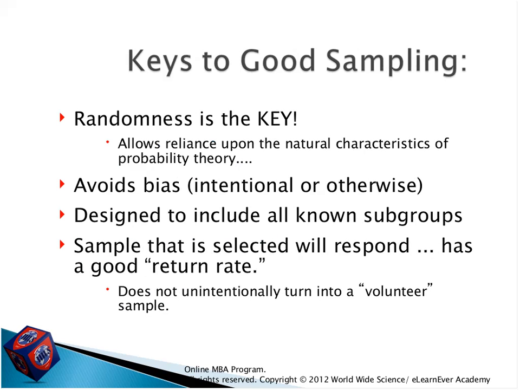Okay, as a summary, the keys to good sampling are randomness and avoiding bias. Every time in the academic research area, we say to avoid bias in every part of your research. Of course, in sampling also, you should avoid bias and design to include all known subgroups.